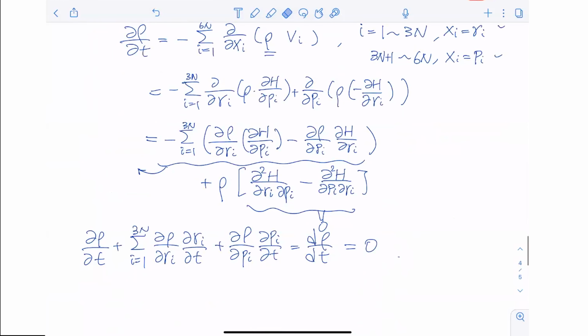Okay, so I think we just showed proof 2 and got to the important conclusion that the total derivative of our probability density is basically 0 according to Liouville's theorem.